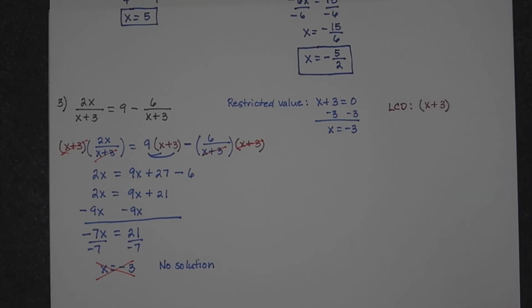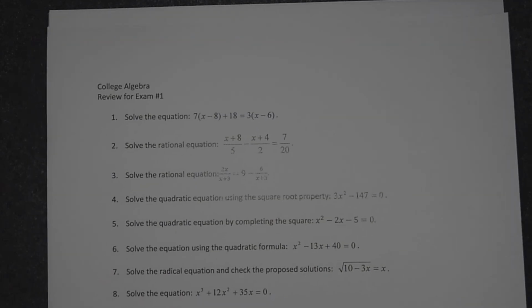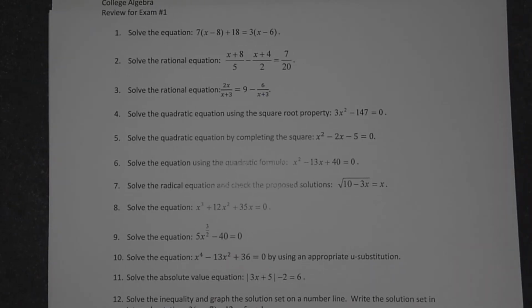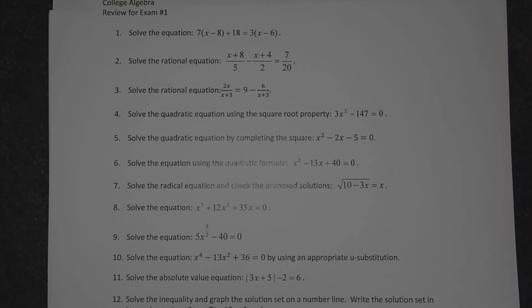Okay. All right, let's look at problem number 4. In problem number 4, you're going to solve the quadratic equation using the square root property, and it does specify how we want you to solve that quadratic equation in this case.